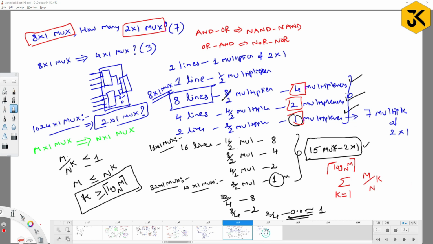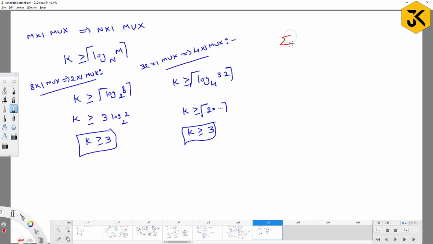So if you are going to do that, it means the summation of k equal to 1 to log m to the base n of m by n power k. Here I can simply observe: how many 2 by 1 muxes are required? Simply 8 by 2 is one possibility, and substitute here.